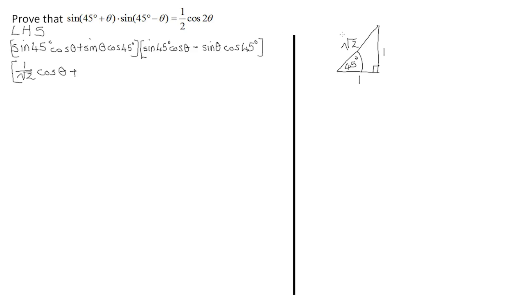Adjacent over hypotenuse, 1 over the square root of 2 sine theta. In this instance, exactly the same, 1 over the square root of 2 cos theta minus 1 over the square root of 2 sine theta.